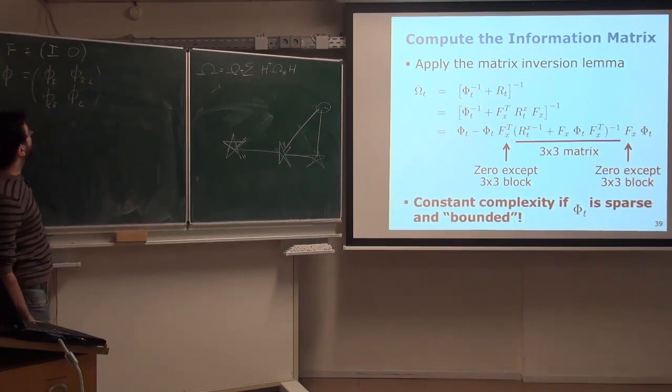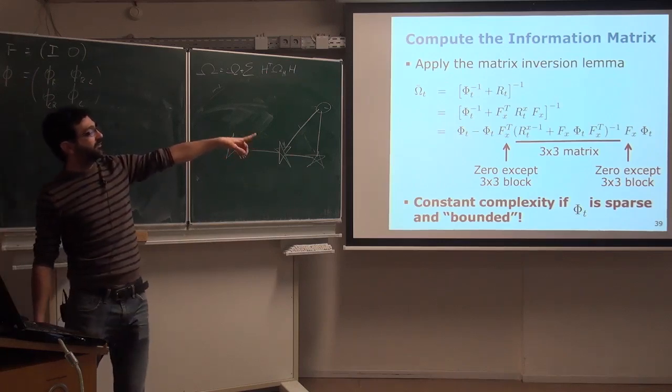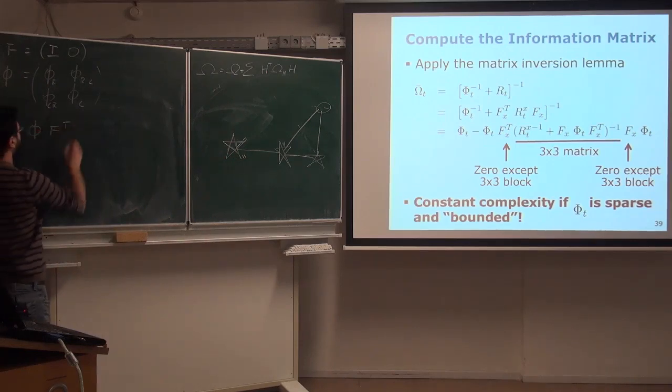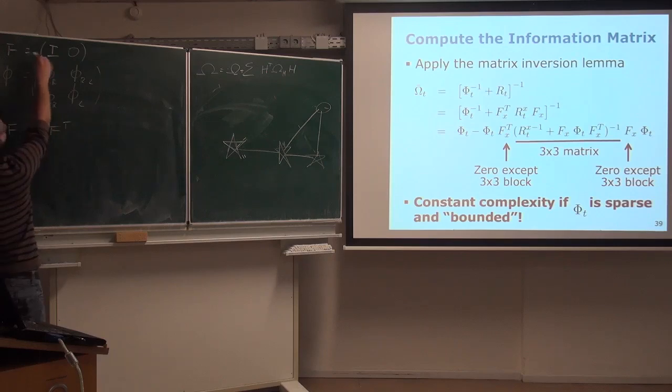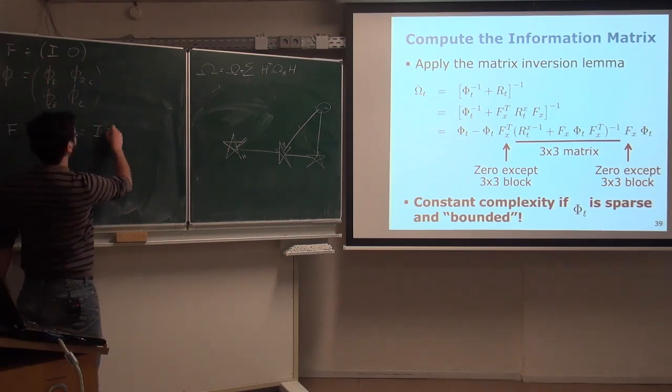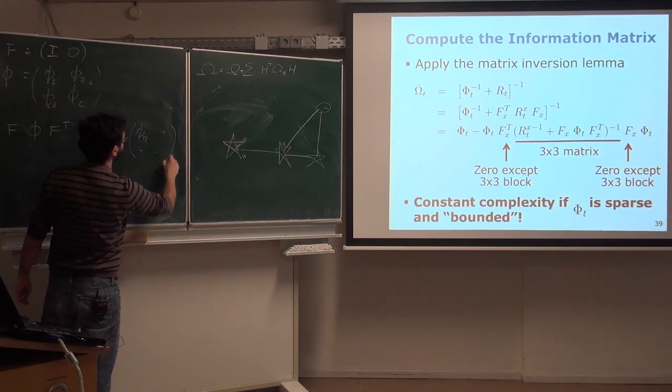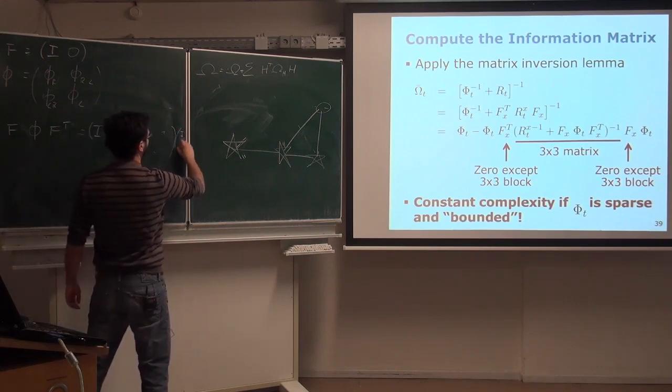So we know that when we do F phi F transpose, this is actually equal to extracting this component of the matrix, okay? Because when we multiply it here on the left, we just get a vector which has this on the upper part and 0 there and 0 here. When we then multiply by the identity down, it's probably easier if I just write it down here. We have this, and it doesn't matter what's in here, times identity 0.